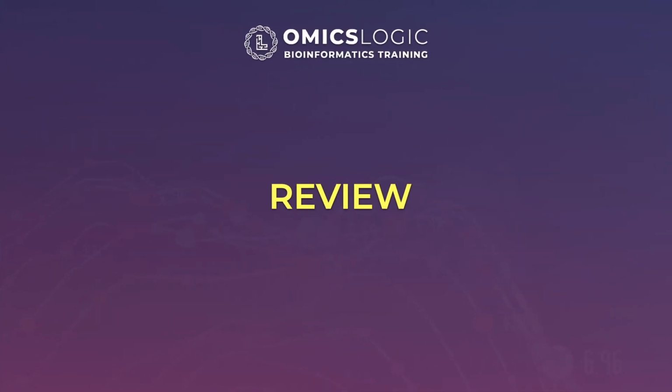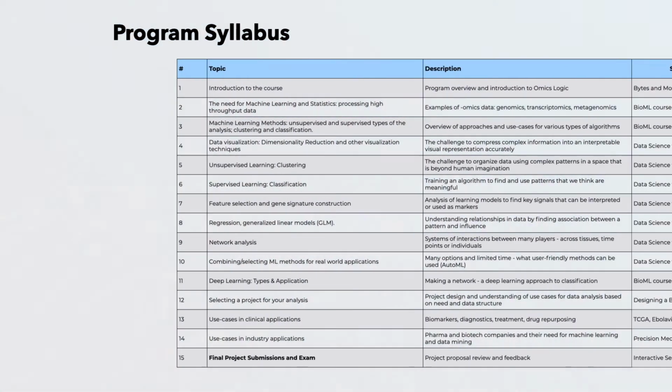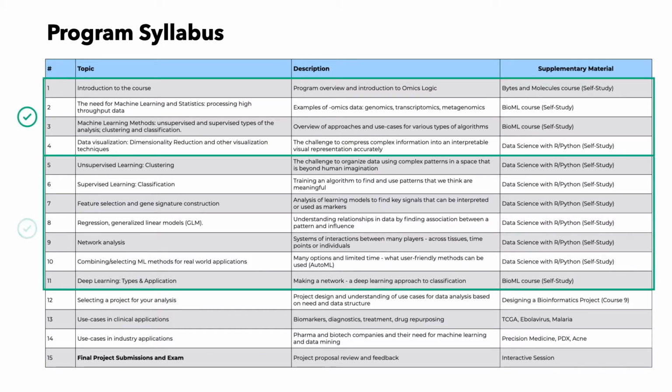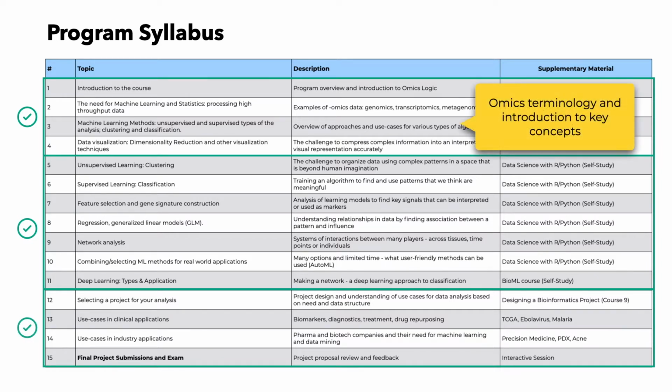Before we go on, let's review the program plan and objectives. The syllabus of the program is organized into three different parts: introduction, methods, and applications. In the introduction, you will be prepared to deal with relevant terminology and key concepts to refresh your memory and get you started.